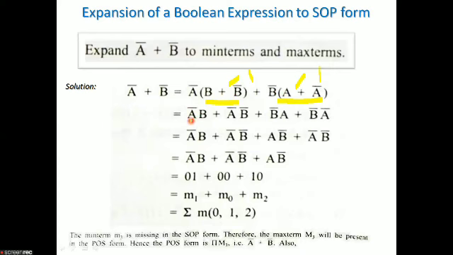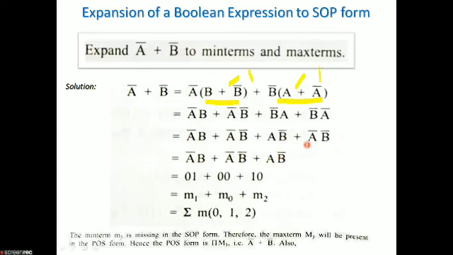That is, it becomes A bar B plus A bar B bar plus B bar A plus B bar A bar. Now we are just arranging it: A bar B plus A bar B bar plus A B bar plus A bar B bar. Next, here we can write A bar B plus A bar B bar plus A B bar.